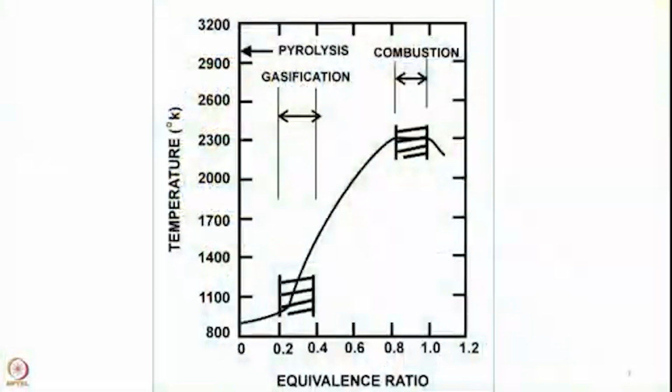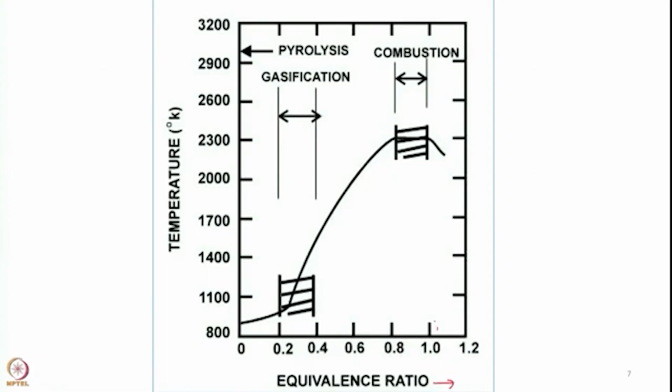So, this is what we get in the gasification process, a very simple process, which, as we discussed in the last slide, is a substoichiometric process. Now if we look at this graph, the x axis is the equivalence ratio.